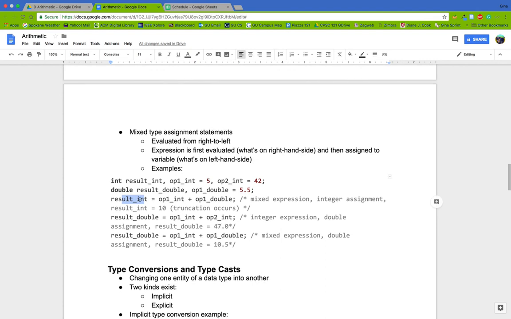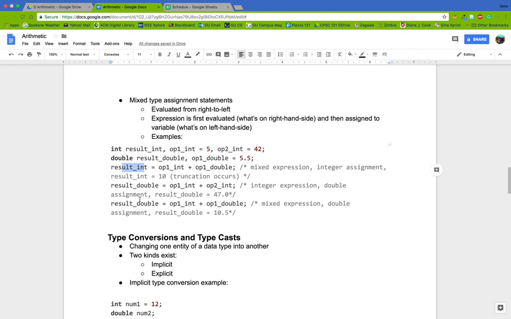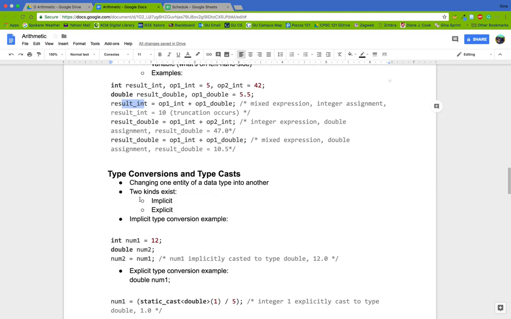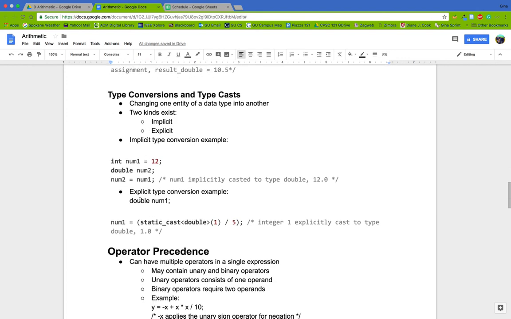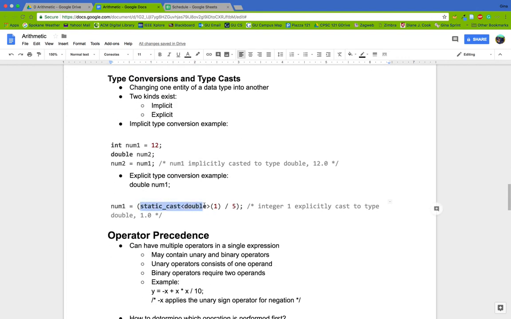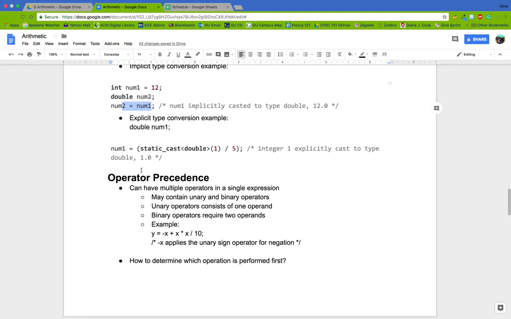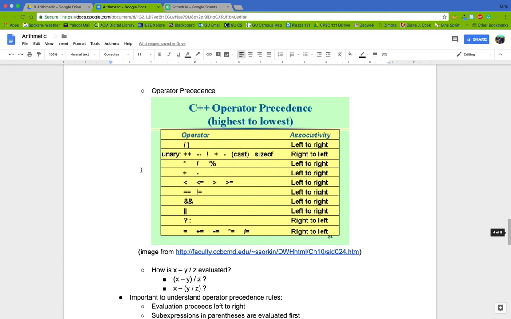So these are some good examples to work through, and make sure that you understand what happens when you have mixed types in an expression and what happens when you assign a value of a different type to a variable. Here's the static cast that we've already seen and the implicit cast that we've already seen.